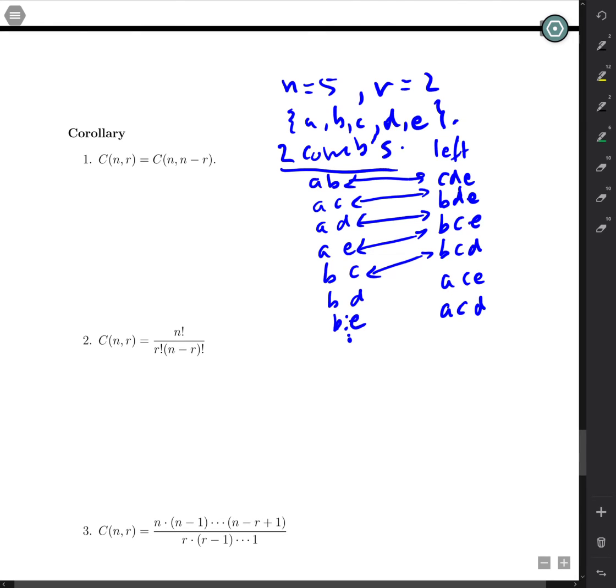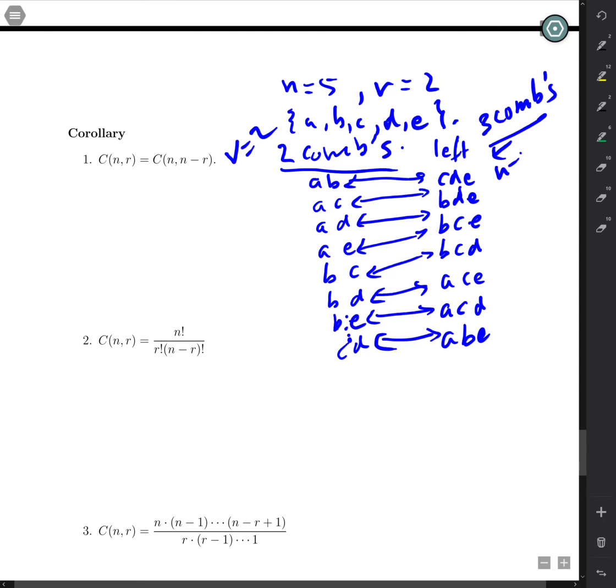If I take CD, I leave behind ABE, etc. So the 2 combinations match up perfectly with the 3 combinations. What is left behind are the 3 combinations. And here r is 2, and here n minus r, 5 minus 2, is 3. And that works in general.